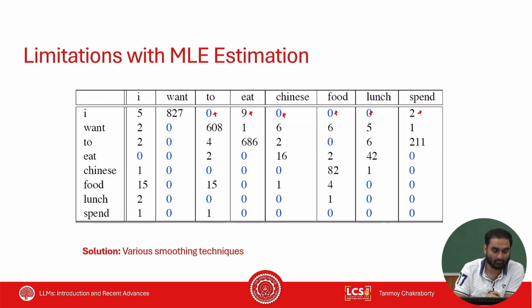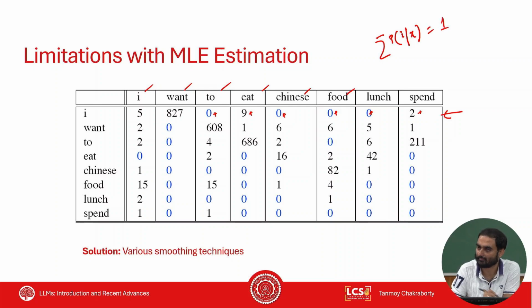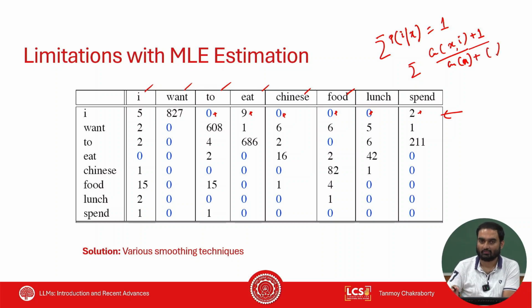You need to make sure that the conditional probability, in this case P of I given X in the first row, sums to 1, and this is essentially count of Xi by count of X. If you add 1 to the numerator, then the probability would cross 1, so we need some sort of adjustment here. What would be the adjustment?